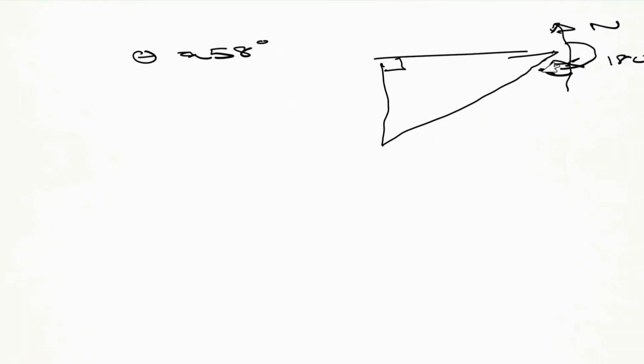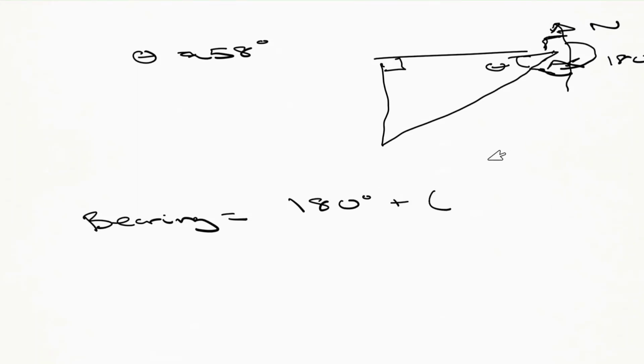And this would be theta, and we know that this angle here is 90. So our true bearing, we know, is 180 plus this angle, which is basically 90 minus theta.